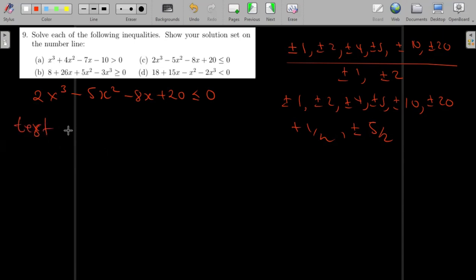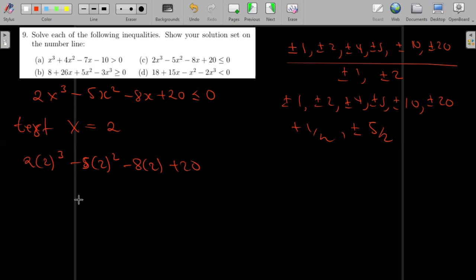So test x equal to 2. It means I replace my x with 2 here like that: 2 times 2 cubed, minus 5 times 2 squared, then minus 8 times 2, then plus 20.